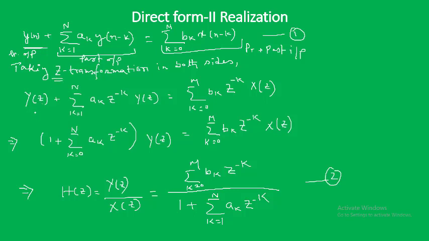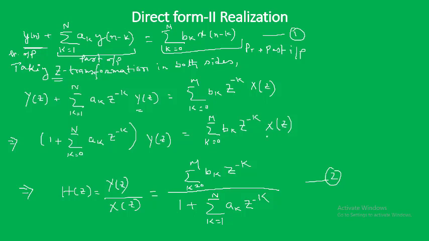So we are getting y of z equal to summation over k equal to 1 to n a k z to the power minus k y of z, plus summation over k equal to 0 to m b k z to the power minus k x of z. Now taking common, we get 1 plus this term, and here b k z to the power minus k x of z.